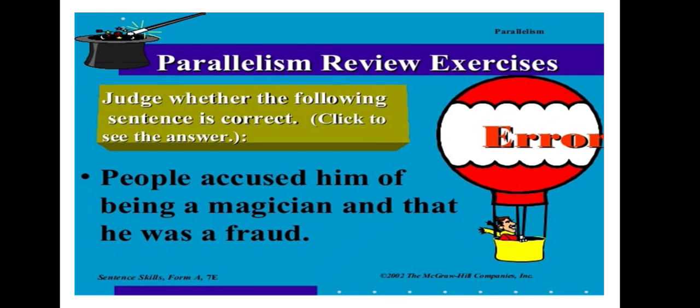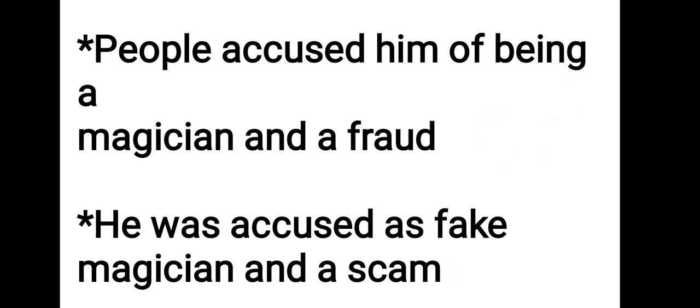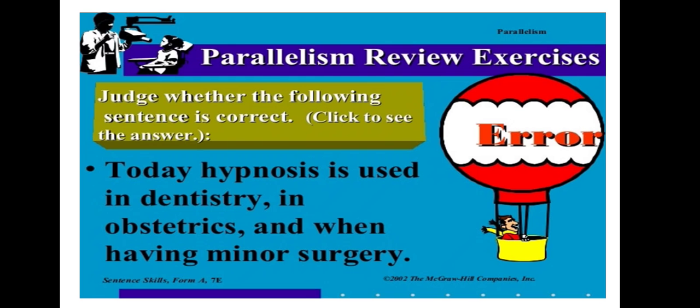But I have another answer here. I actually tried to research it also just to make sure that I have the correct one. Here: people accused him of being a magician and a fraud. So this is actually the correct one, while my answer is he was accused as a fake magician and a scam. Another one, guys.